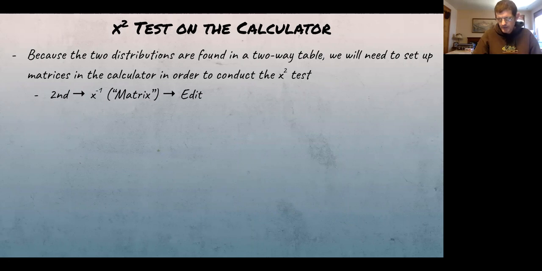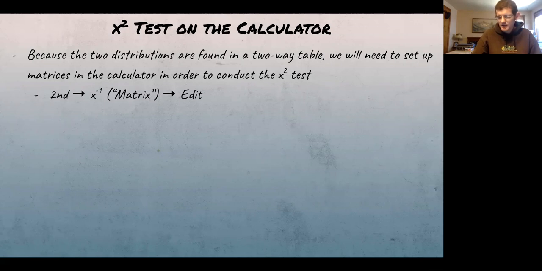You got a bunch of matrices, but what I highly suggest is that you only ever work with A and B, and we will, by way of protocol here, just always use A for the observed counts and B for the expected counts. So if you scroll over to the right when you're in your matrix menu, you can get to edit, and you want to go to matrix A, edit that one first.